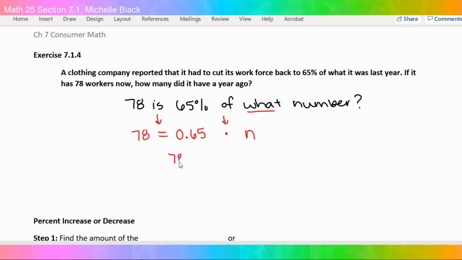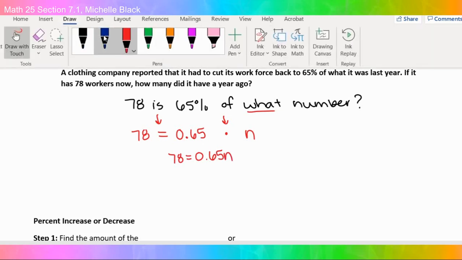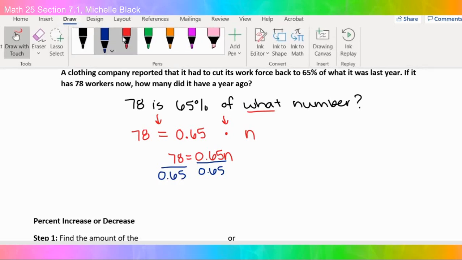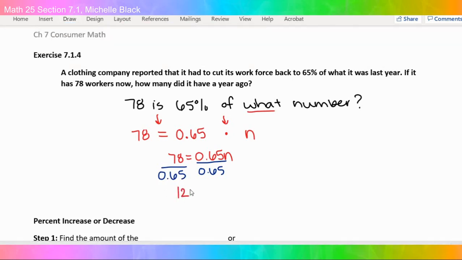So these two numbers are being multiplied, so if I want to solve for n, I need to divide by that coefficient. So in your calculator, take 78 and divide it by 0.65. And if you do that, you should get 120. So the company had 120 workers last year.